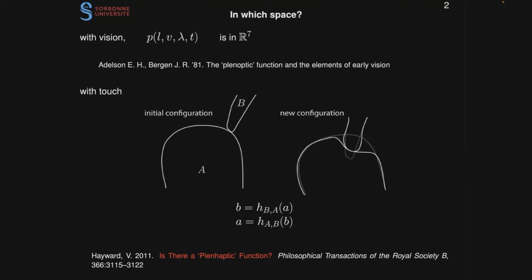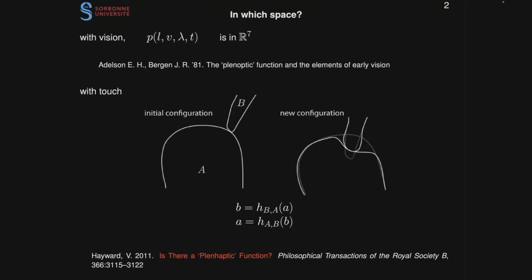So the question in touch is, what would be the equivalent? This question can be framed in terms of solid bodies that interact, like A and B here. When you have a tactile interaction, they in general undergo deformation. And here we can assume that the body B has some sensing capability, so it's able to tell something about its own state change.